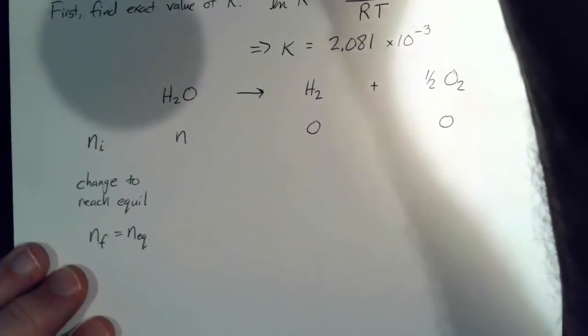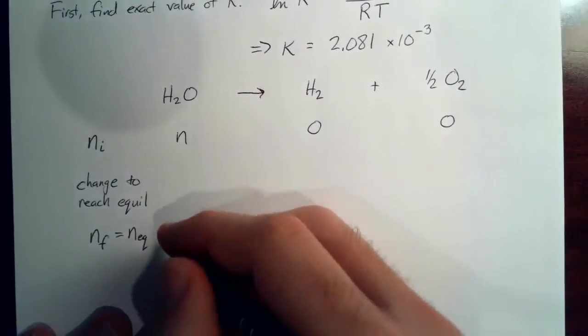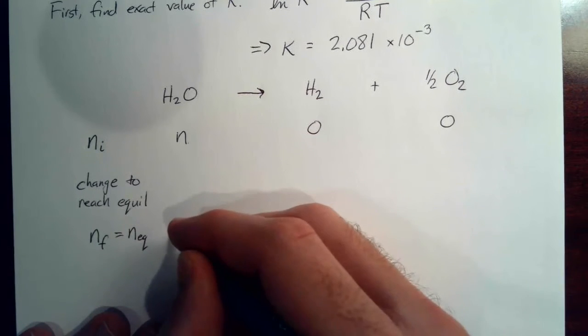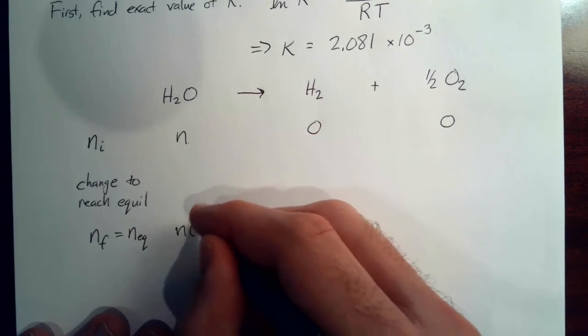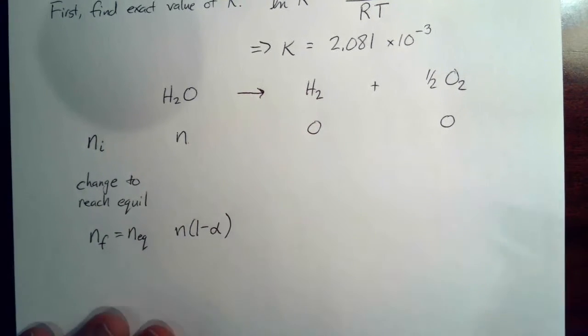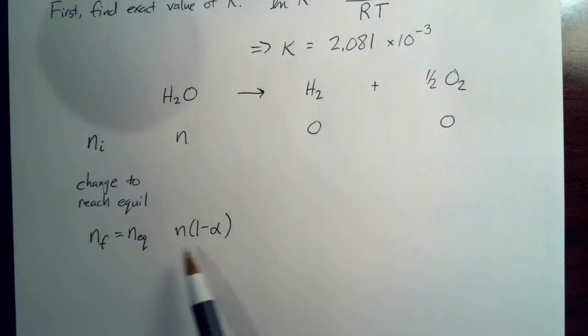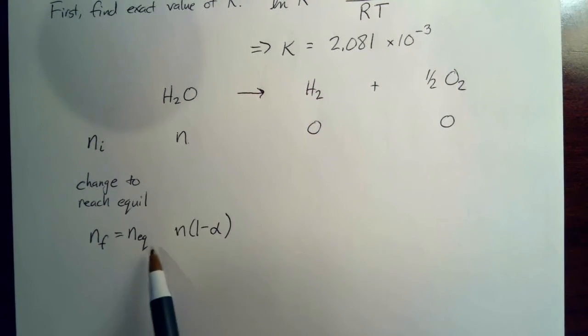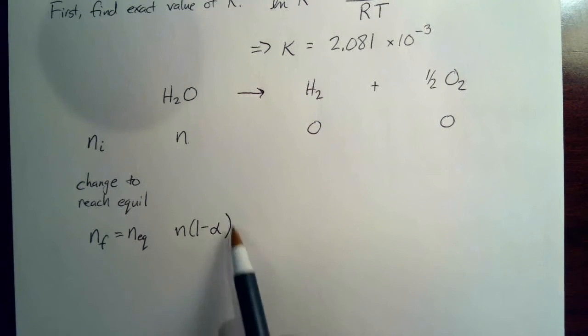So going down here, I can right away put this in here. If the initial is n, then the final is going to be n times 1 minus alpha. And that's basically just by using the definition of alpha. We haven't really done anything extraordinary here. We've just used the definition of alpha to write an expression for the equilibrium value in terms of the initial value and alpha.